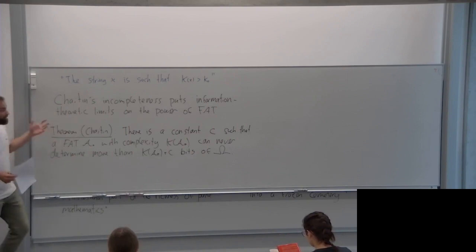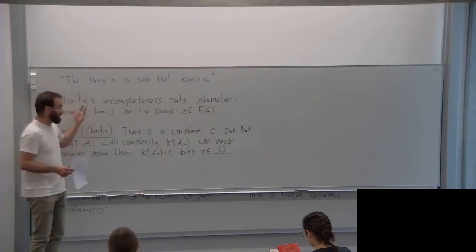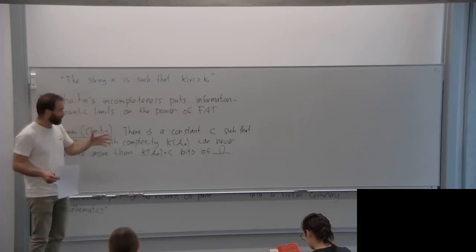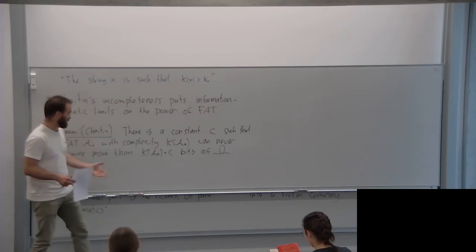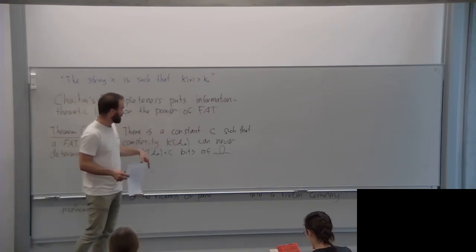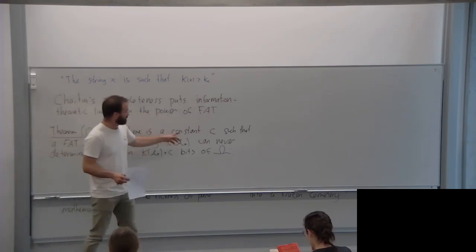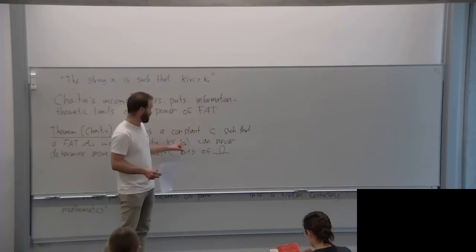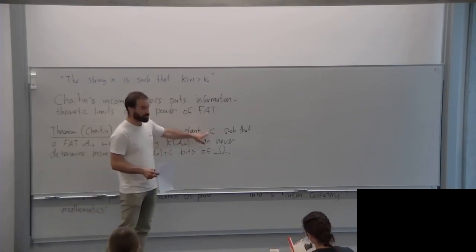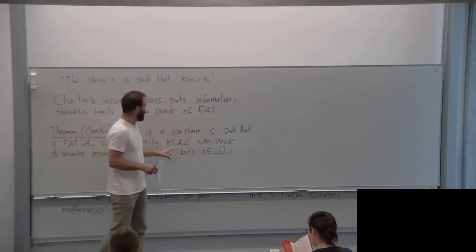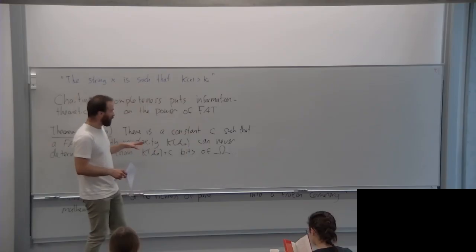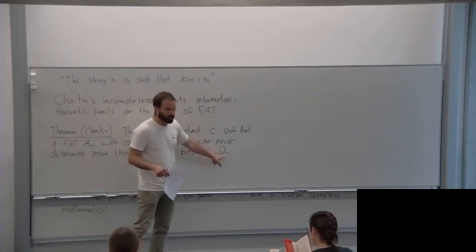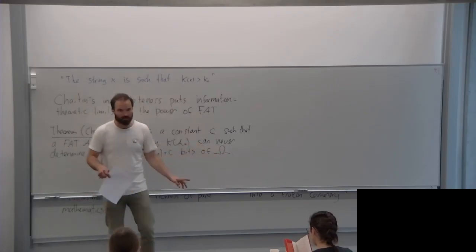So if C is, as I gave that example last time, if our formal axiomatic theory for set ZFC has 5,000 bits, well then that constant is fixed for all formal axiomatic theories. Suppose it's 1,000, I don't know. Well then we won't be able to prove the value of more than 6,000 bits of omega.